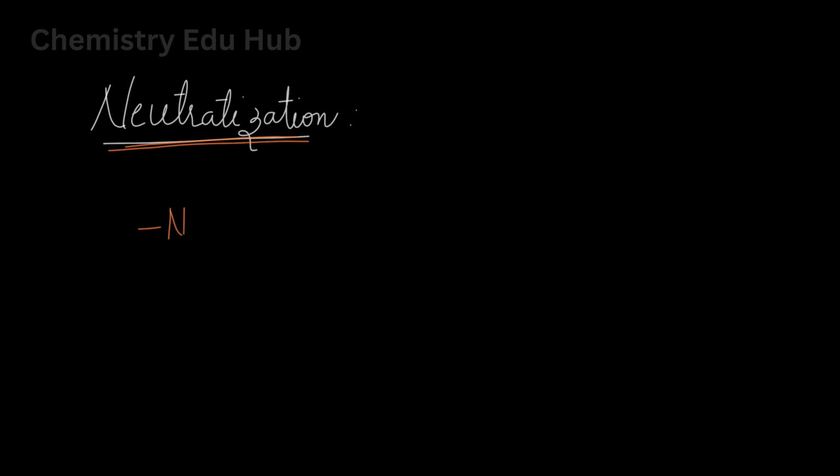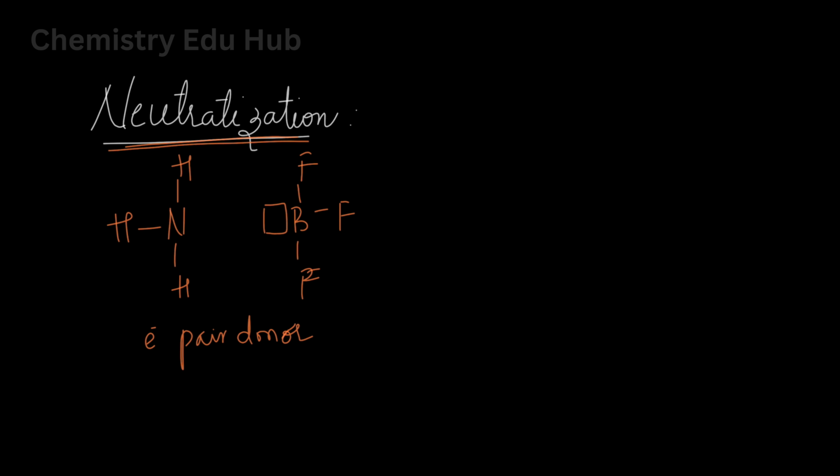Here we are taking ammonia. For a neutralization reaction in the case of Lewis theory, you need an electron pair donor, that is ammonia here, and an electron pair acceptor, that is boron trifluoride, BF3. This is an acceptor because it has a vacant orbital, and ammonia is a donor because it has an unused pair of electrons, the lone pair on the central atom.